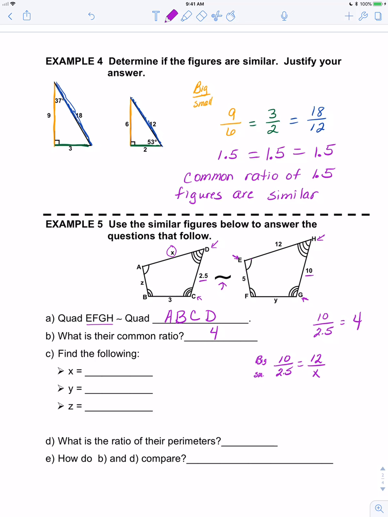And there you would cross multiply. So that's 10x is equal to 12 times 2.5 gives us 30. So 30 divided by 10, x is 3. That ratio, so then now we could even put 3 in there if we wanted to and say 3 because we're going to go check all these.